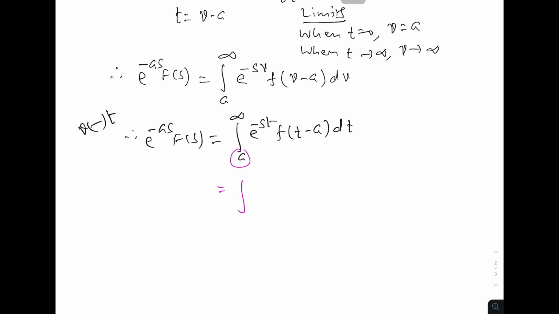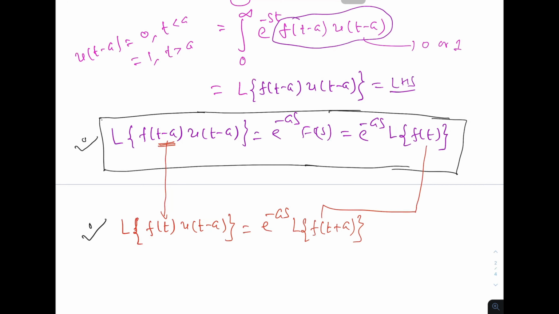So what we can do here is, because we take here t minus a to t, this is changed now, and that is nothing but Laplace transformation of f of t plus a. You should understand this part. So Laplace transformation of f of t u of t minus a equal to e power minus as Laplace transformation of f of t plus a.